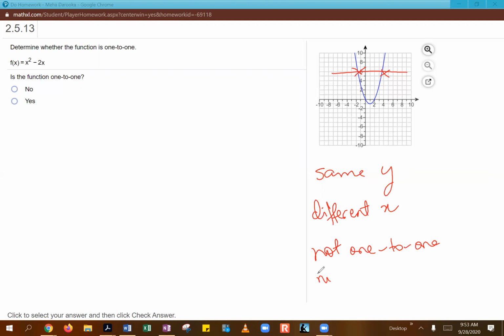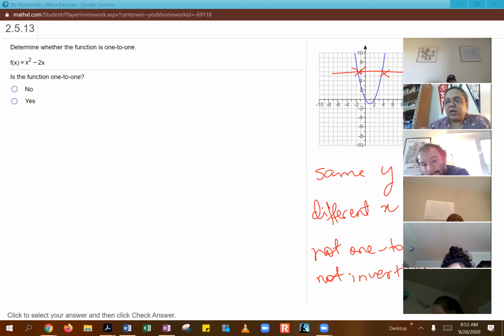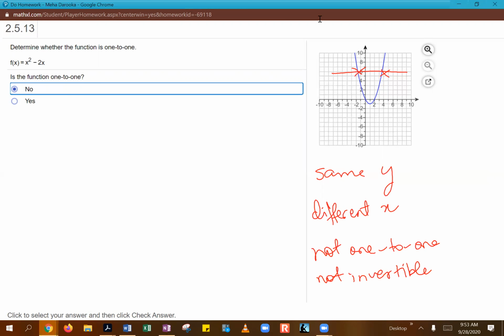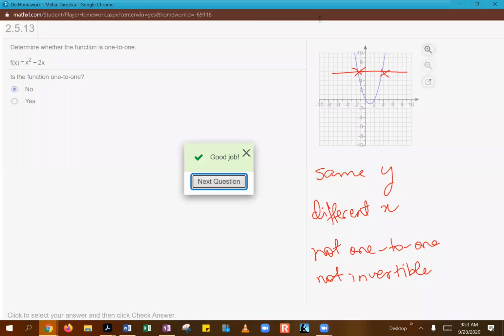Of course, then we would say it's not invertible either. So just like your vertical line test, the same way the horizontal line test works, it should only cross our function at one point. If it crosses at more than one point, we do not have a one-to-one function.